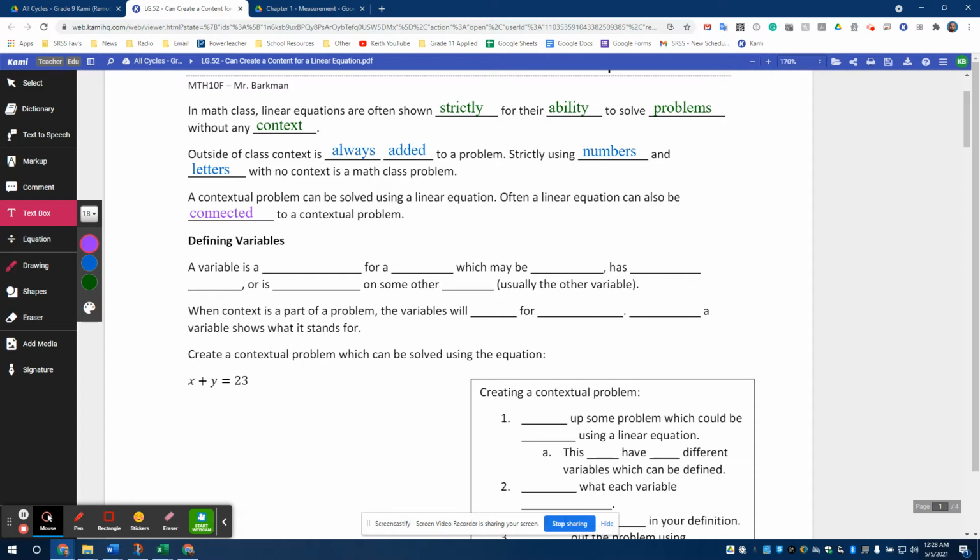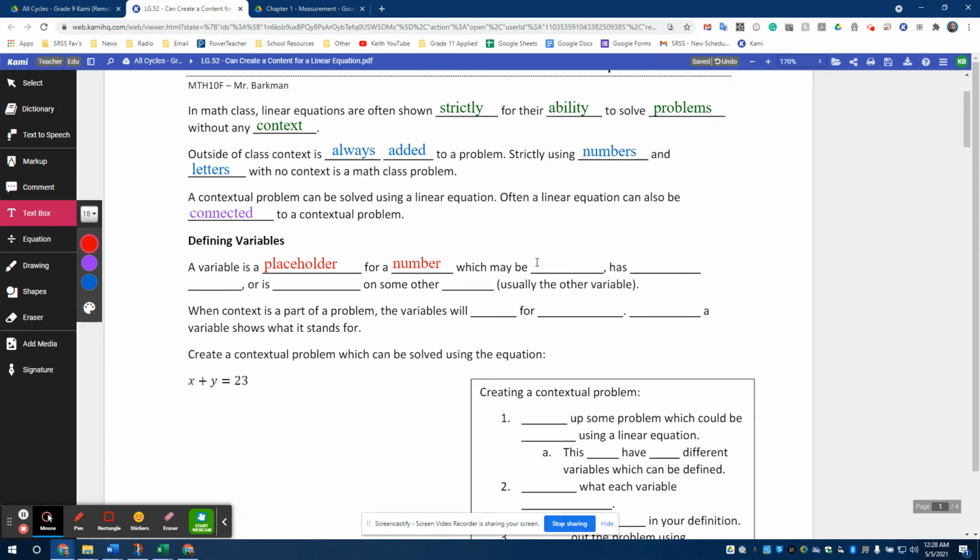Now, the first thing that we do whenever we have a problem is we need to define variables. We need to understand what our variables are. A variable, as we know it, is a placeholder for a number, which may be unknown.